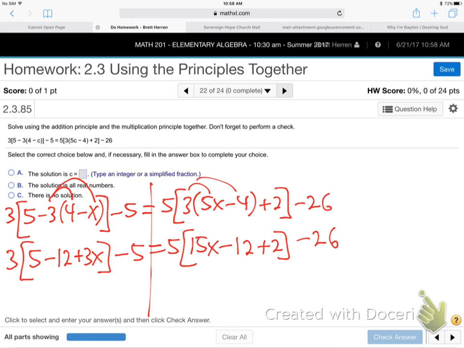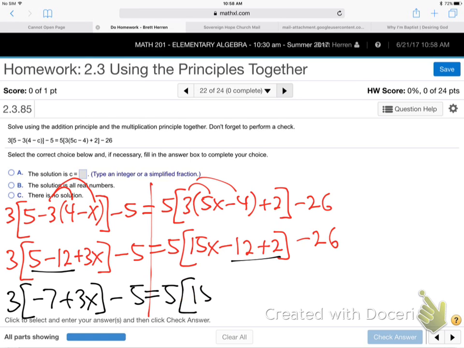We good there so far? So I distributed through those parentheses. And then in here we're going to add 5 minus 12 and minus 12 plus 2. Going to combine those. Plain old numbers. That good? So that'll be what? Negative 7. This will be what? Minus 10 there. Good to there? Just combining stuff, right? Numbers with numbers.